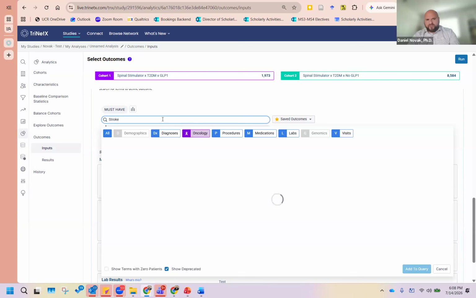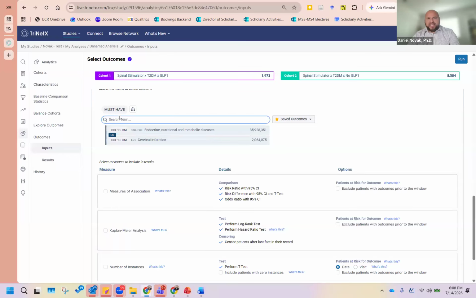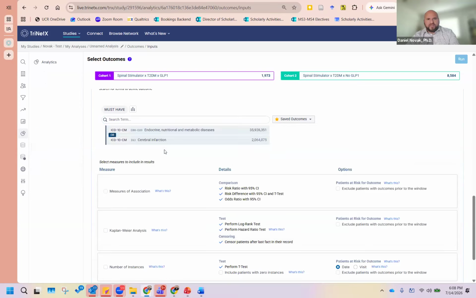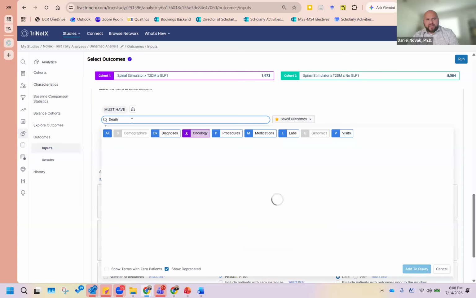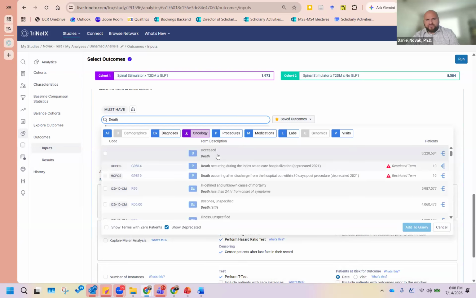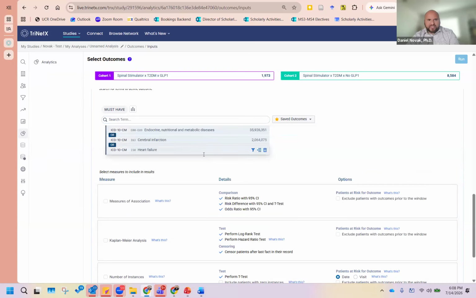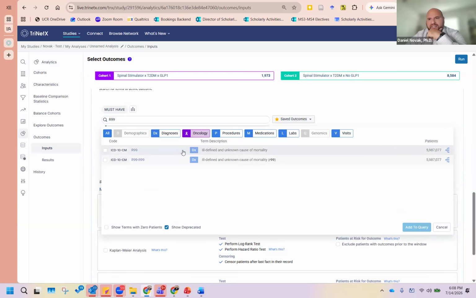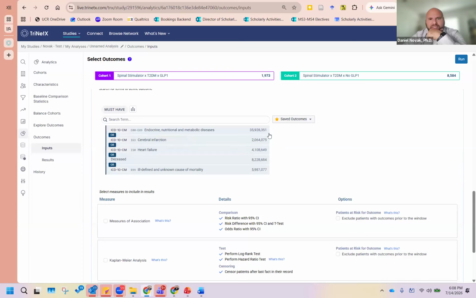This would work where, for example, if you were trying to do MACEs, major adverse cardiovascular events like infarction, heart failure, death, right? On TriNetX, you can find where there are death records available. They'll show up as death or deceased. And you can also find them under R99, which is ill-defined and unknown causes of mortality. I'm just going to take this out.